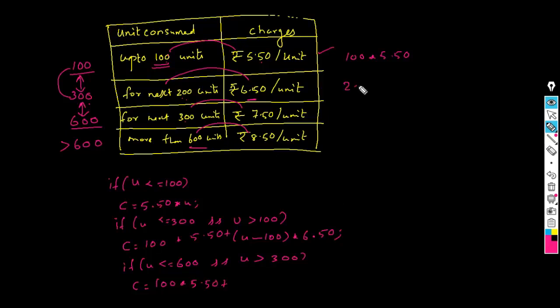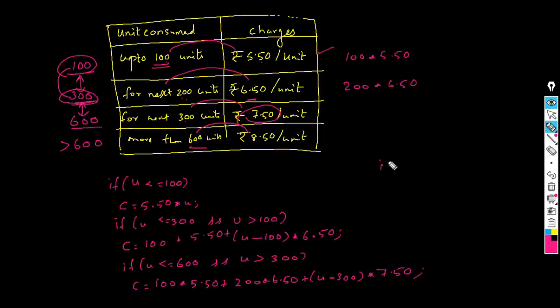Second value 200 into 6.50, plus unit minus how many units I have to subtract? 300. You see here the previous statement value is 300. First one I subtracted 100. Second one I am subtracting 300 into 7.50.